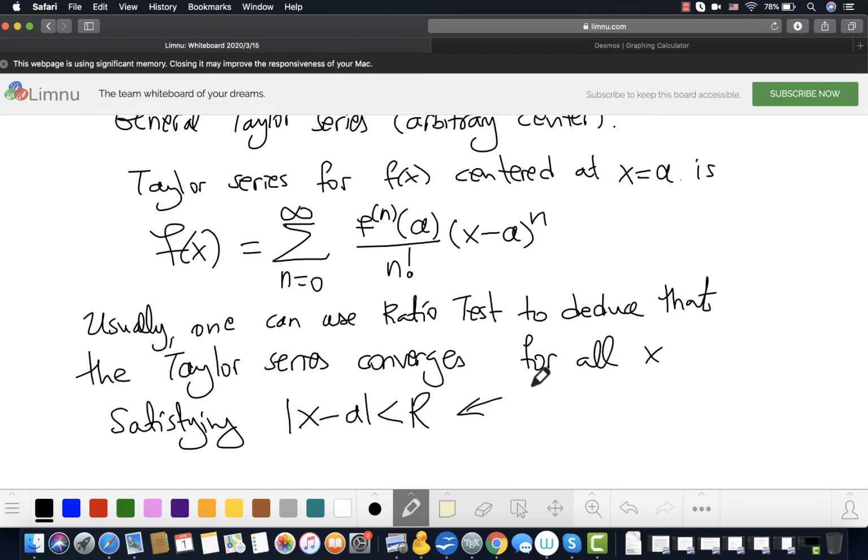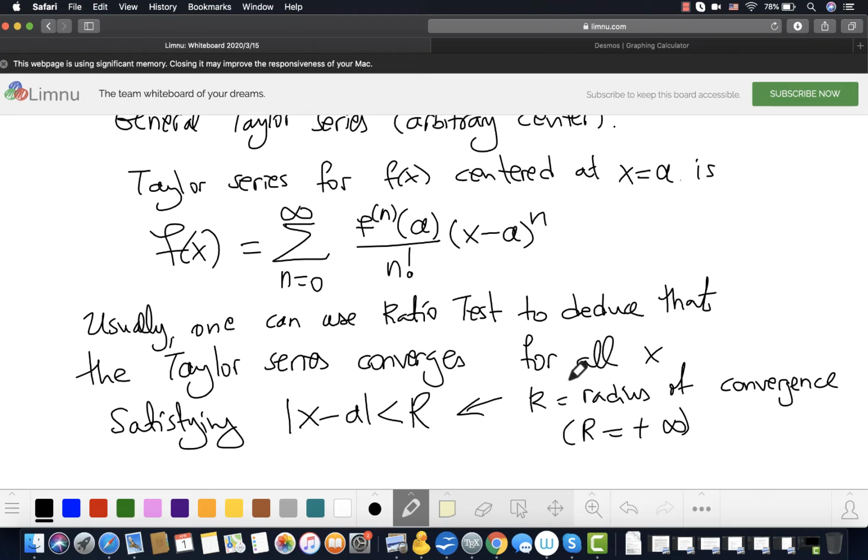This r here is known as the radius of convergence. And actually it could be infinity, so r could be plus infinity, in which case it's the nicest situation, because then x minus a less than infinity is true for every x. So if the radius of convergence is infinity, which does happen, for example, for the function e to the x, then the Taylor series converges everywhere, and it converges to the function value f of x.